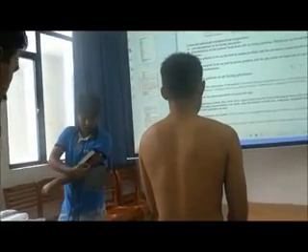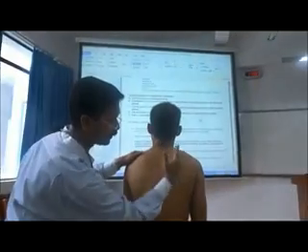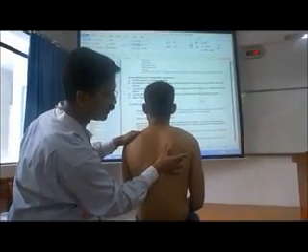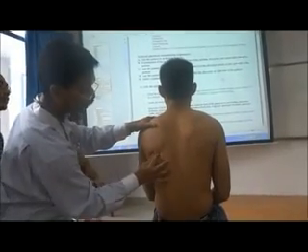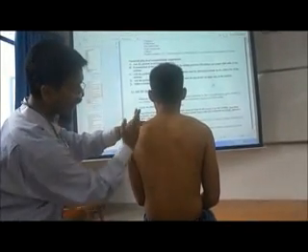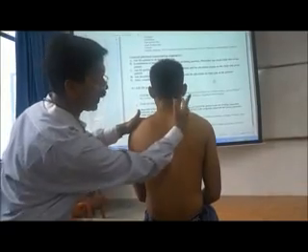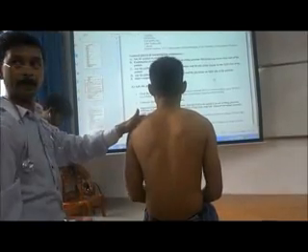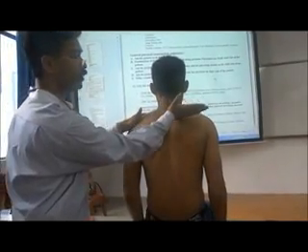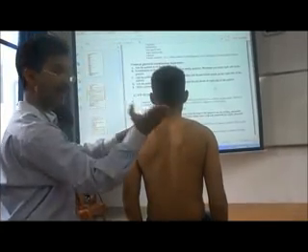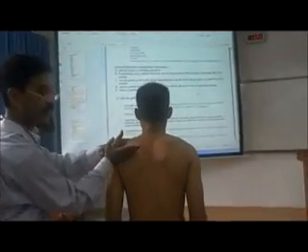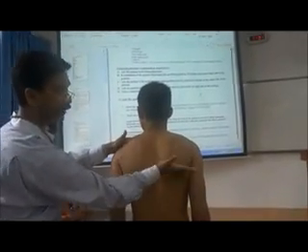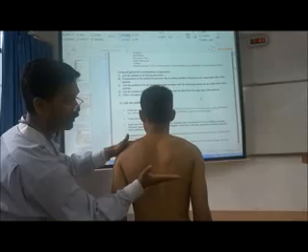Chest expansion. Now the line along the mid-scapular line. This is the scapula, and this is the midpoint of the lower border of the scapula. This is the mid-scapular line. You need to place your right hand like this way and this way, serially like this.